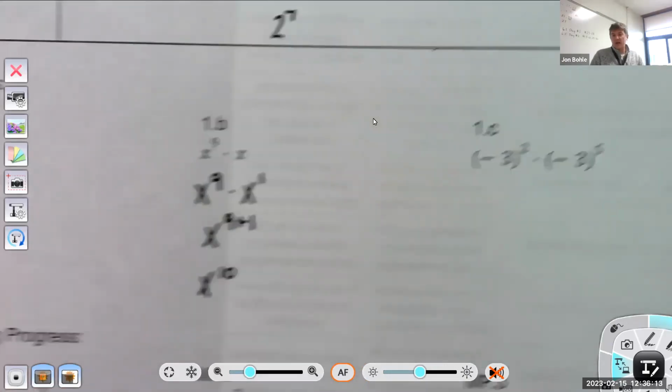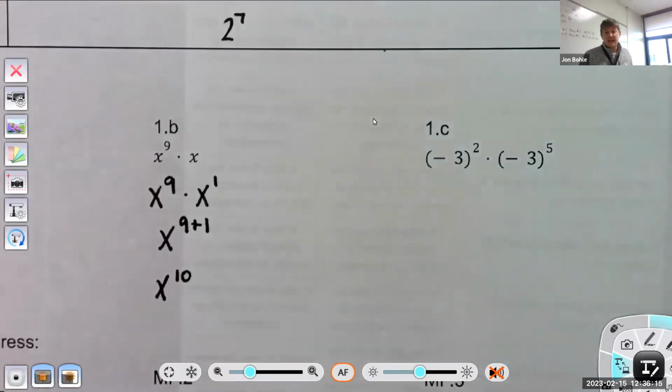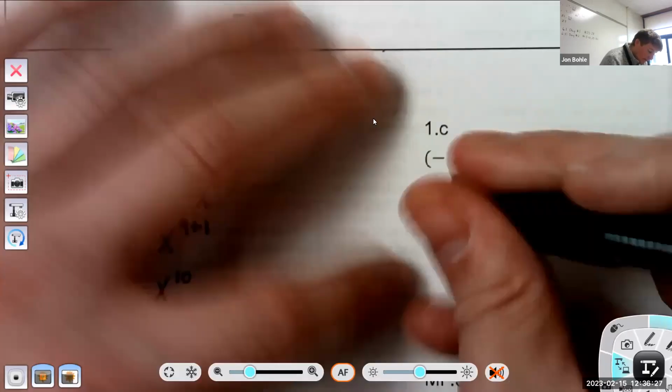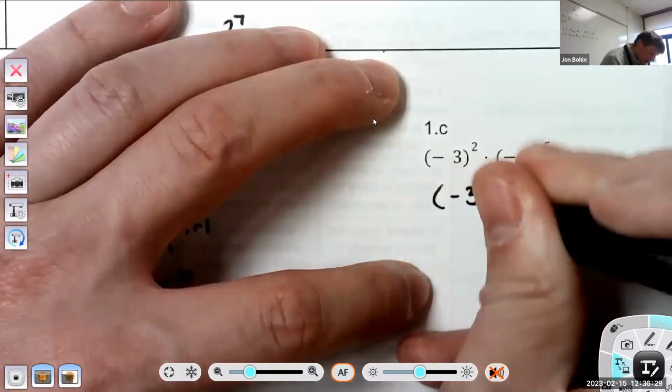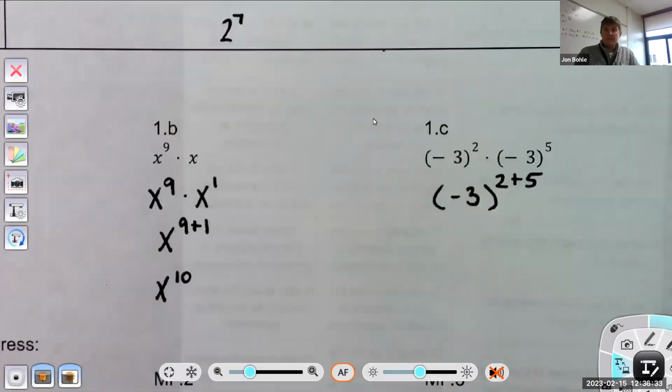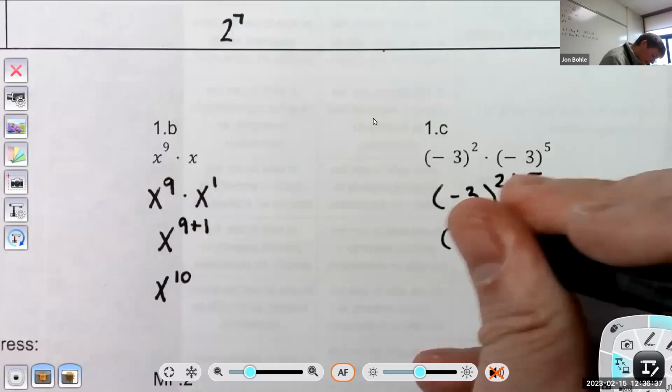Okay, it's important to note that if your problem has negative numbers and those negative numbers are in sets of parentheses, they need to stay in those sets of parentheses. So my base is -3, and I'm multiplying. Since I'm multiplying, I keep the base the same, and I'm going to add the exponents. 5 and 2. 5 and 2 is 7.